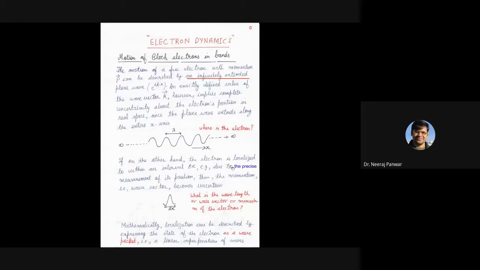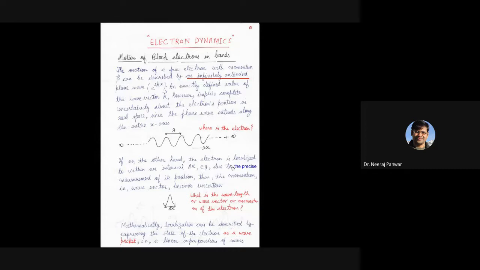We have so far the knowledge that when an electron moves in a periodic potential, it is not a free electron; rather, its wave function is a plane wave modulated by a function which has the periodicity of the underlying lattice.